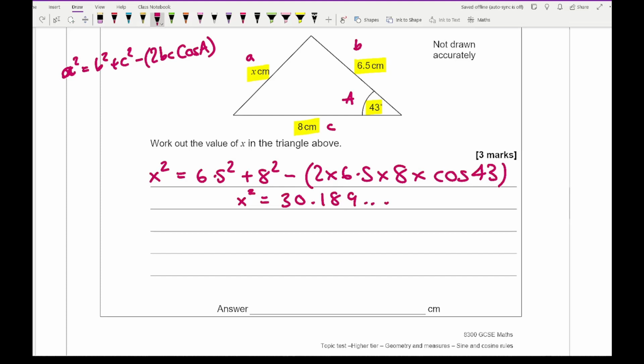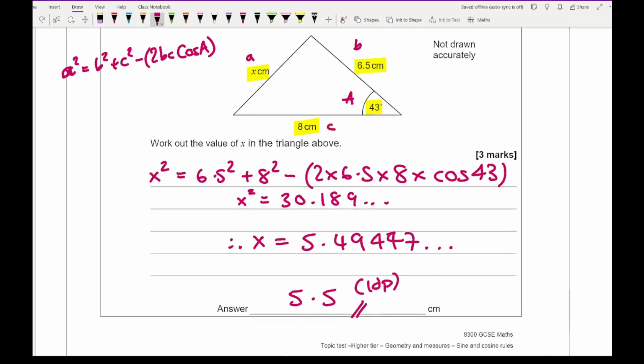Clearly that's not going to be my answer, so I need to remind myself to square root. Square rooting that answer gives me 5.49447, and I'm just going to round my answer up to 5.5, and that's to one decimal place.